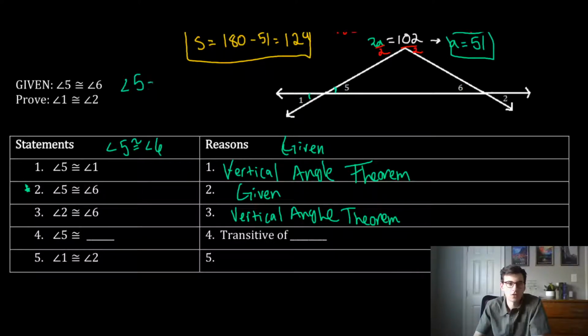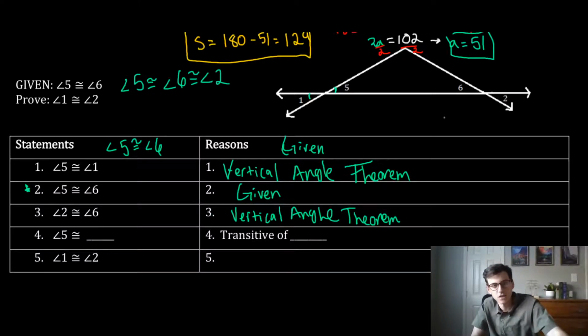Angle 5 congruent to angle 6 congruent to angle 2. Oh, this is not even the steps I would have done this proof in. That's fine. Sometimes we have to think someone else's way.